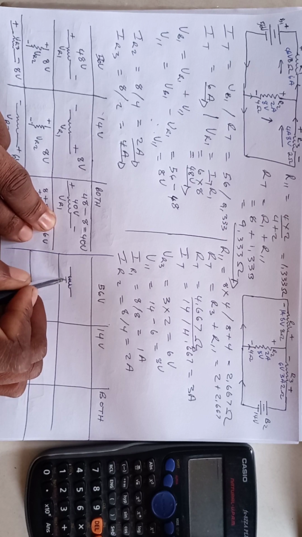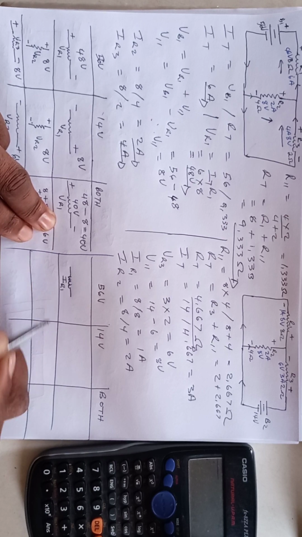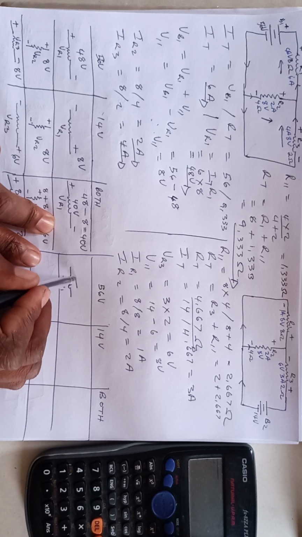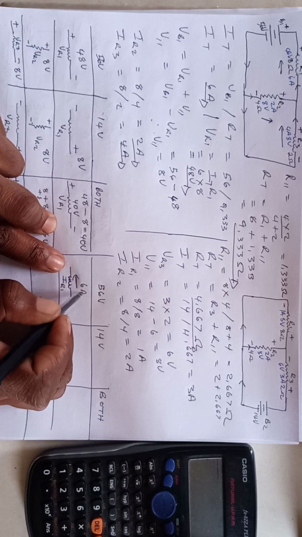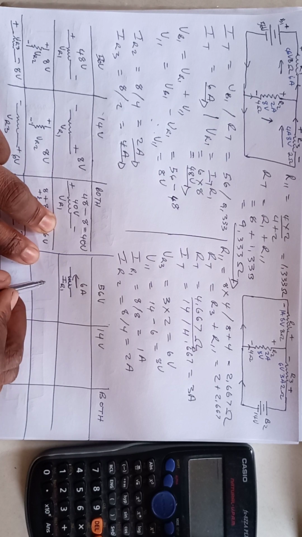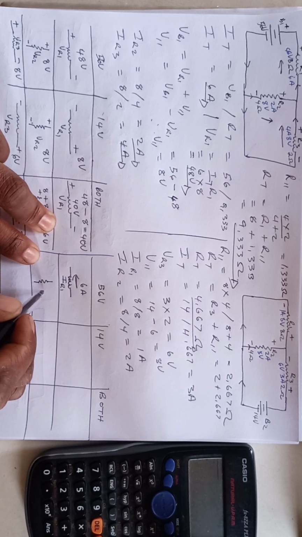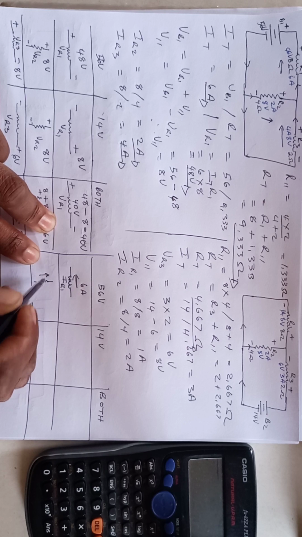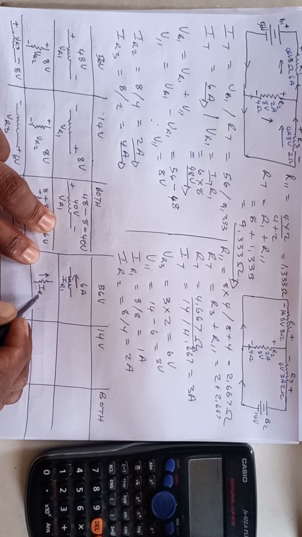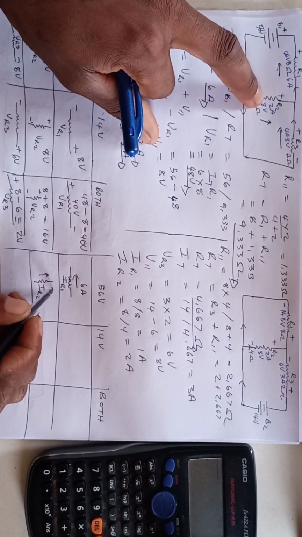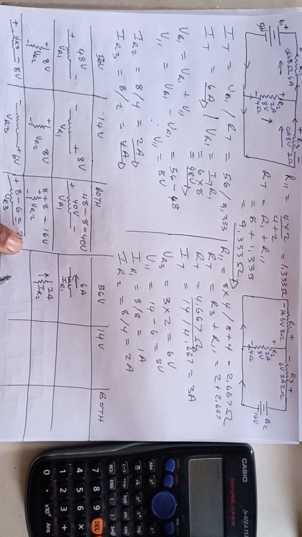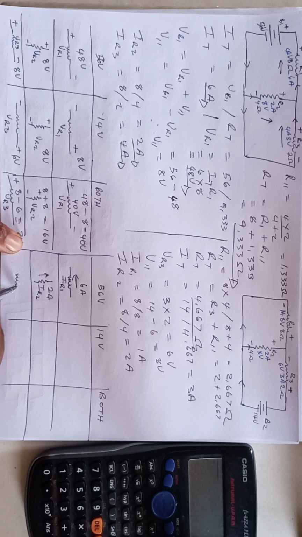Current across IR1: what was the electron flow direction? This direction. And what was the current? 6 amperes. R2, what was the electron flow direction? It was this direction. So what was IR2? IR2 was 2 amperes. Again, R3, what was the electron flow?